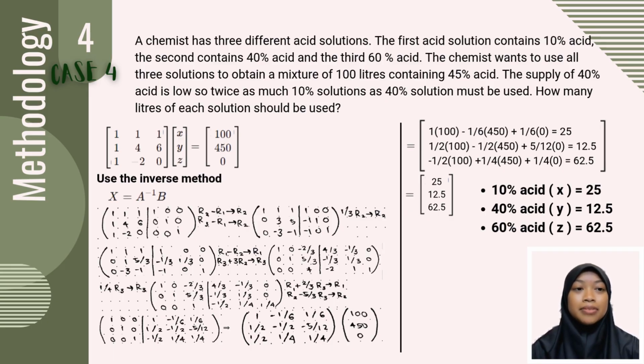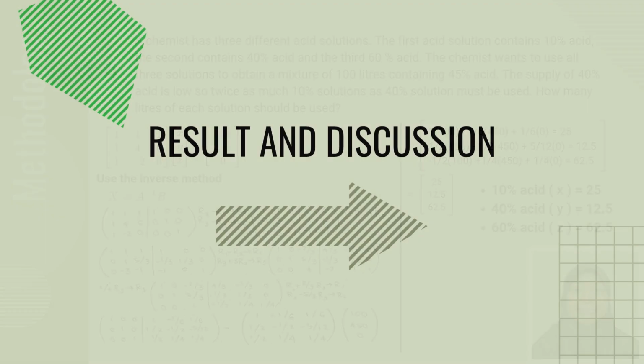Then we conclude that the solution for 10% acid X is 25 liters, 40% acid Y is 12.5 liters, and 60% acid Z is 62.5 liters.